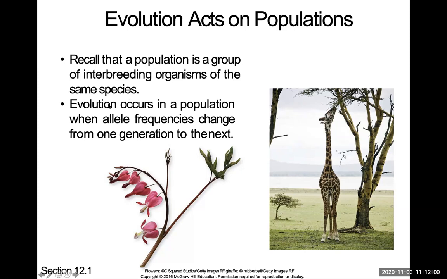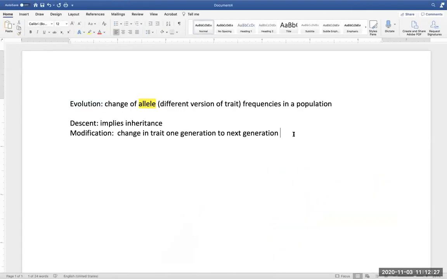And evolution is going to happen when allele frequencies change. This allele frequency is going to take you back to chapter 10, where we did a Punnett square. Let's say we did a Punnett square for this, and we had a big R for red and a small r for pink.